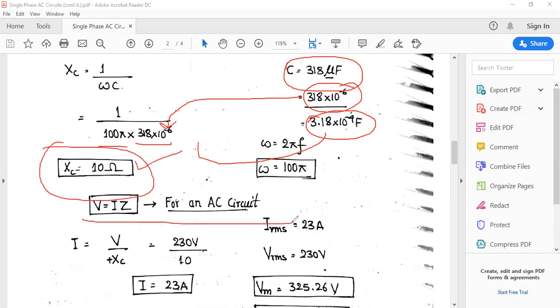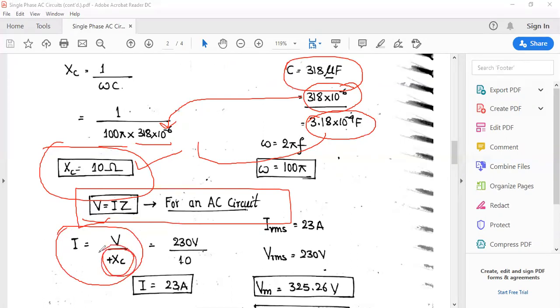So V is equal to IZ for an AC circuit, which is a general formula. I will be equal to V divided by XC. So V divided by XC, you just use this magnitude itself. XC is 10, and V, which is the RMS value, is 230 volt. IRMS is 230 by 10, which is 23 amperes.